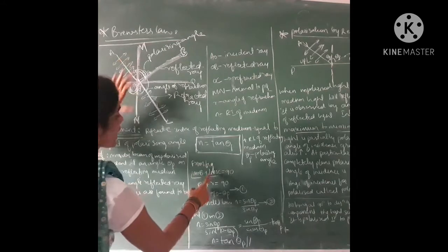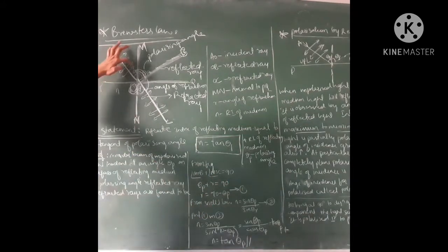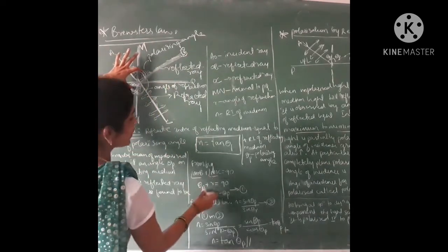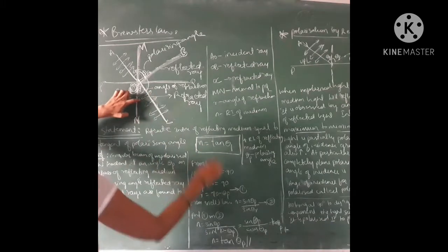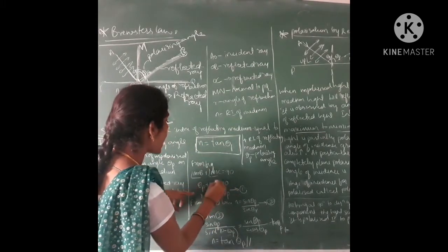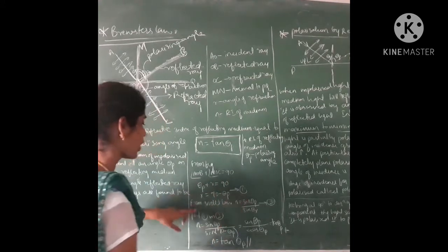Angle MOB plus angle NOC equals 90 degrees. MOB is the polarizing angle theta p, and NOC is r. So theta p plus r equals 90 degrees, and r becomes 90 minus theta p. This is equation 1.